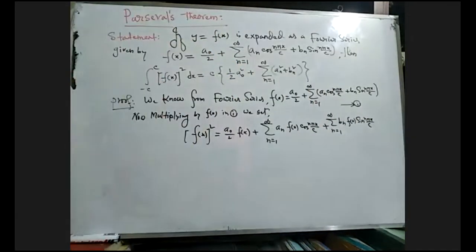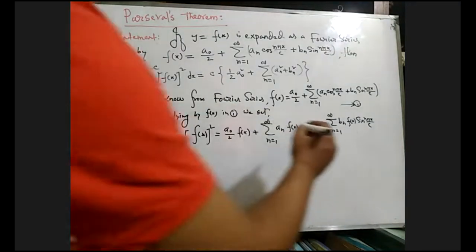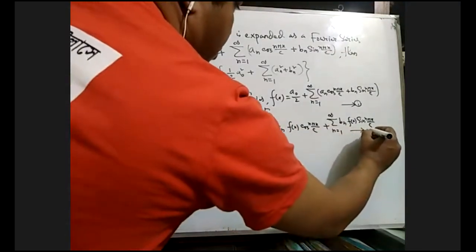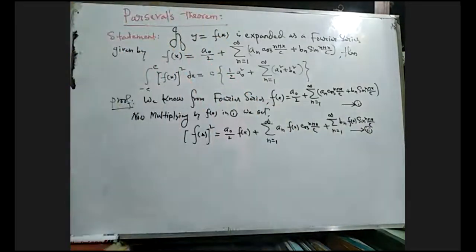So just multiplying by f of x on both sides, this is equation number 2.